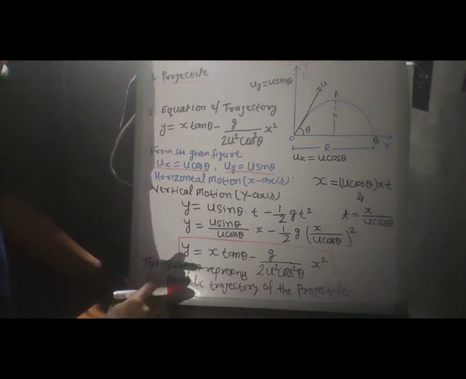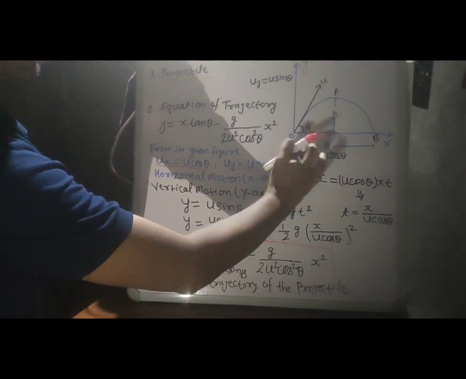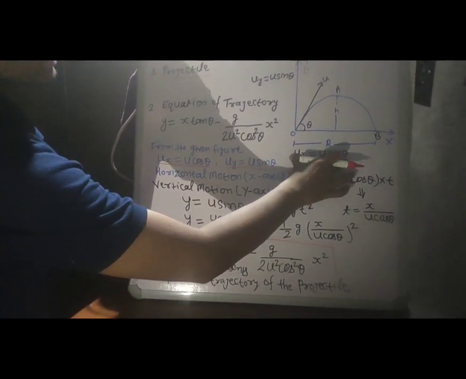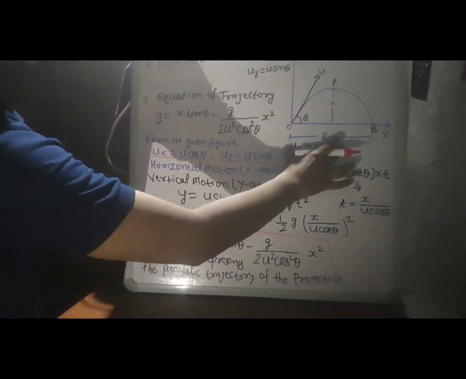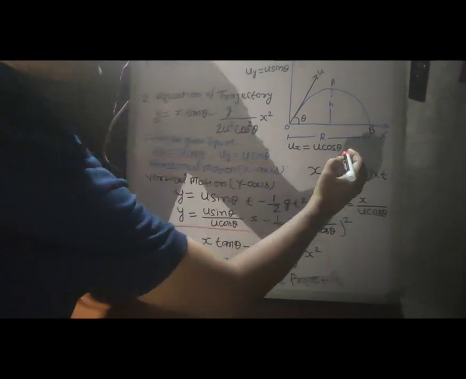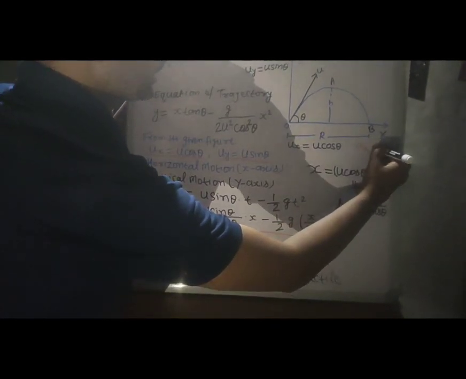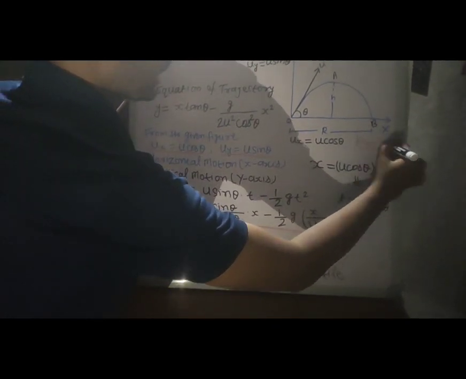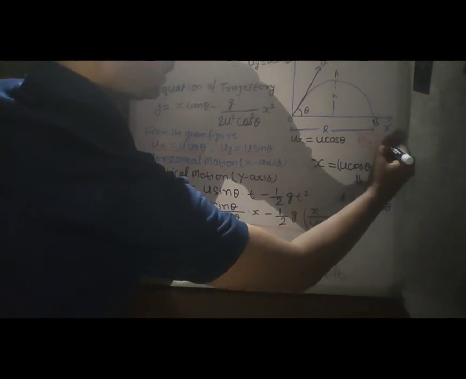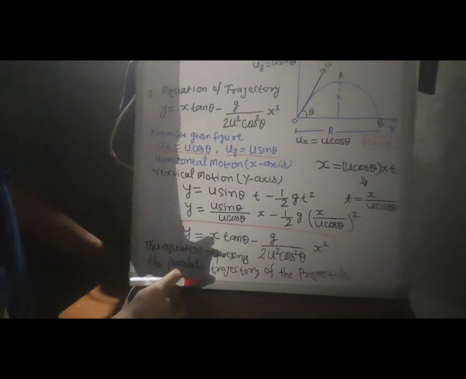We have to understand that the horizontal velocity of the projectile remains constant, because in the horizontal direction ax remains 0, since the velocity remains constant.